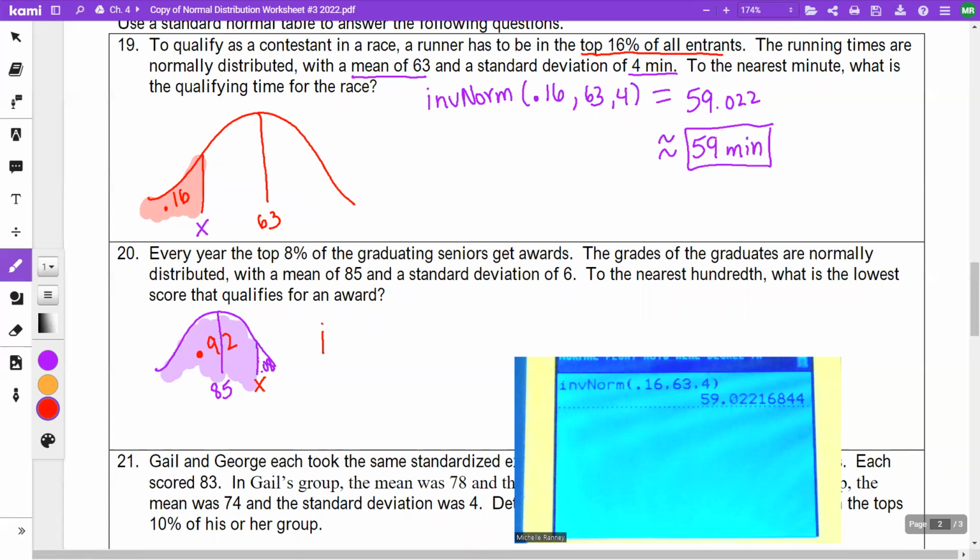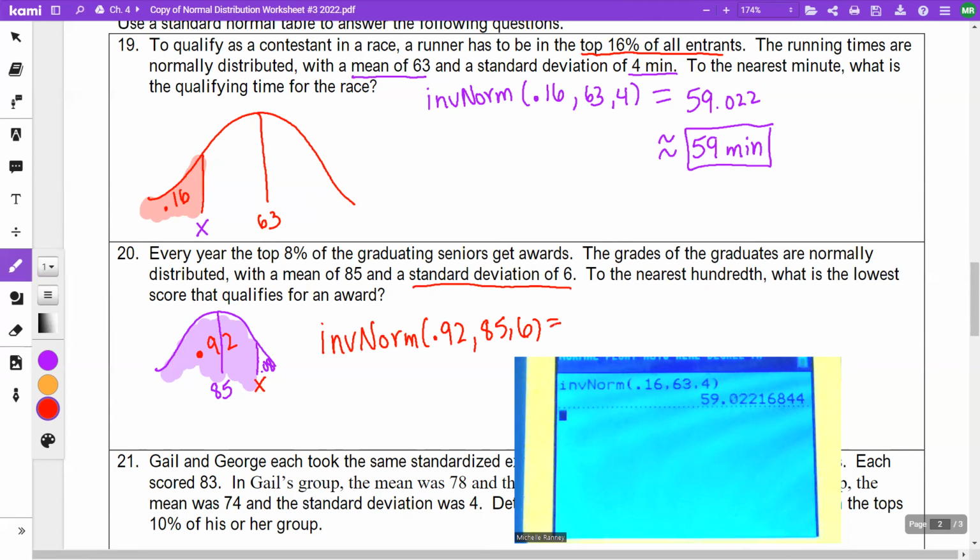So I'm going to go inverse norm. The area I'm looking for is 0.92 because I want to have 92% below me. My mean is 85, and the standard deviation they gave us here was 6.